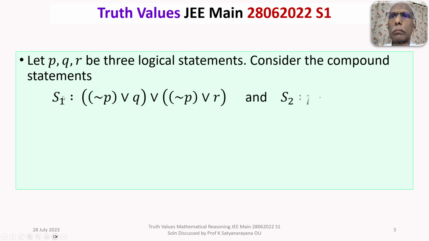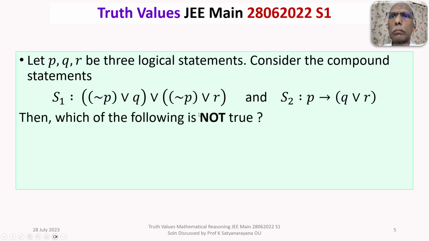The first one, S1, is given by, in brackets, negation of P, R Q, or in brackets, negation of P, R R, and the second compound statement is S2 given by P implies, in brackets, Q or R. Then which of the following is not true? We are given four options.